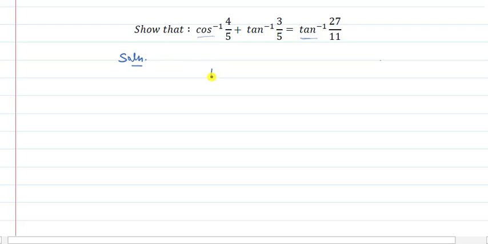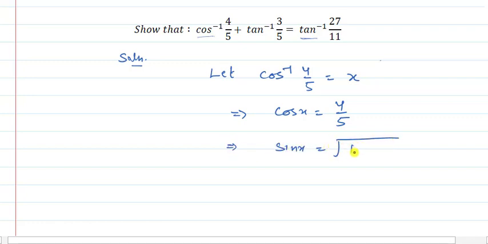For this, again we need to substitute. Let cos inverse 4 upon 5 be equal to x, or theta, or y; you may substitute any variable over here, which implies cos x is equal to 4 upon 5. We need tan here, so to calculate tan x we need to calculate sin x as well, and we know that sin x is equal to square root of 1 minus cos square x.